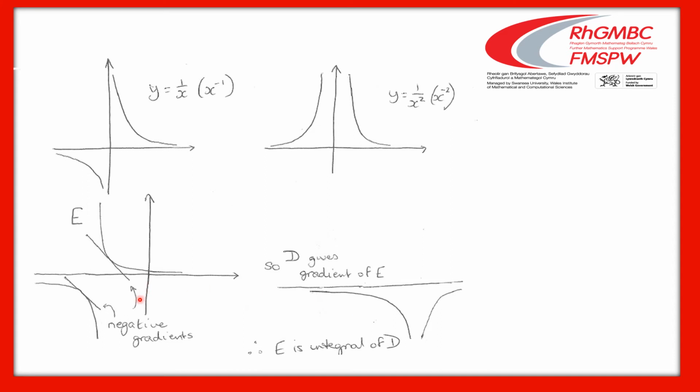And if you look back at the gradient of E, it's always negative, so this would imply that D should be minus x to the minus 2, and it is the differential of E. So if D is the differential of E, then E is the integral of D. So that's another pair identified.